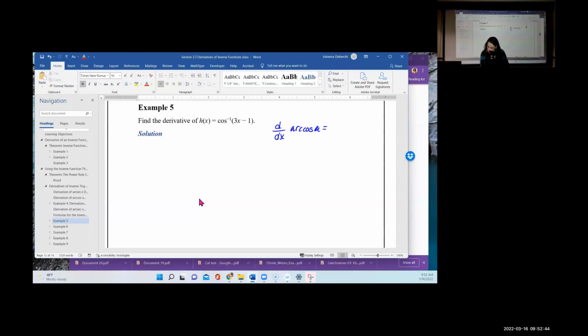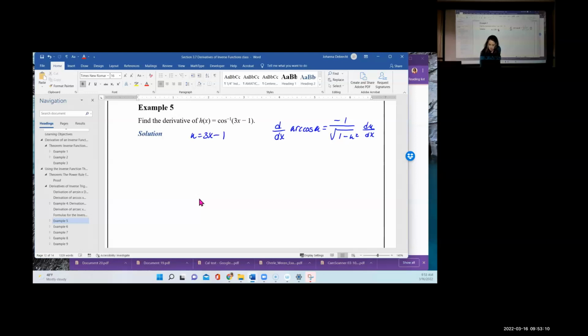The derivative of arc cosine of u is equal to -1 over the square root of 1 minus u squared du dx. All right. So what is u? U is the thing that's been substituted inside of the arc function. So our u is 3x minus 1.